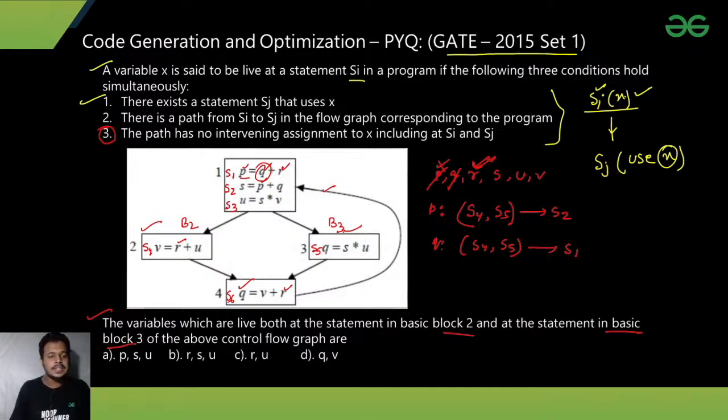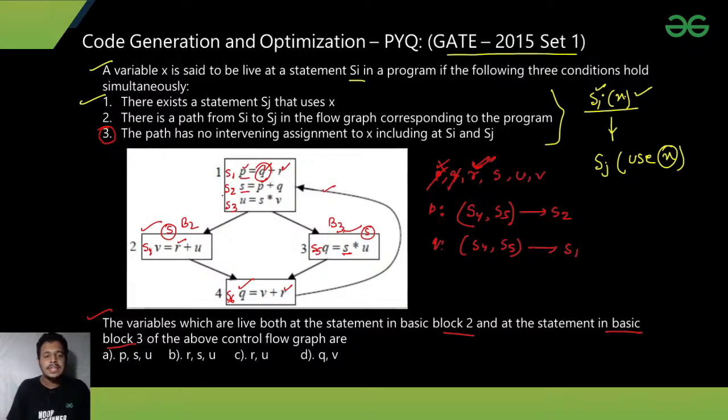Now let's check S. Basically here we are using the variable S. Suppose the variable S is there in block B2 and B3. In B3 we are using S, fine. Statement S6 is not changing anything. Now we go back to block 1.